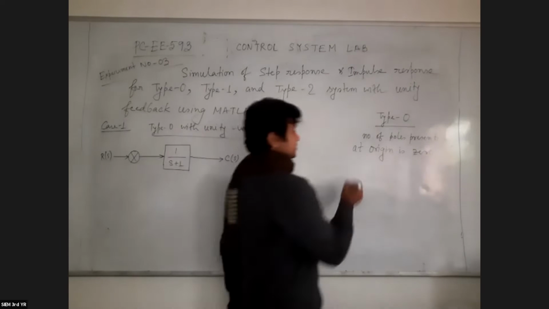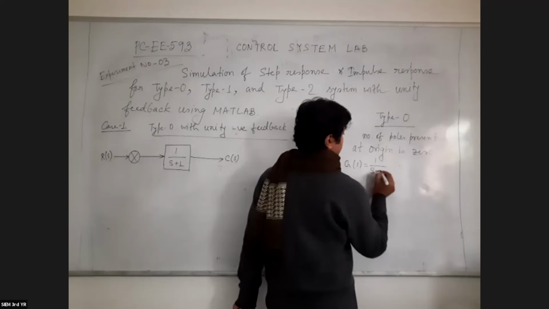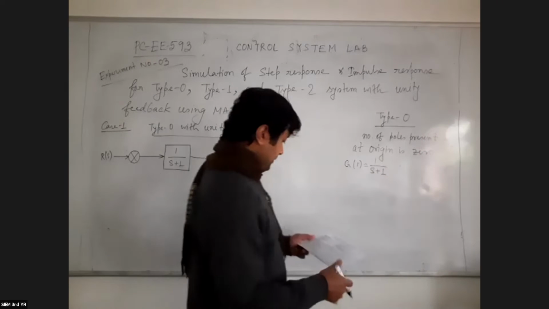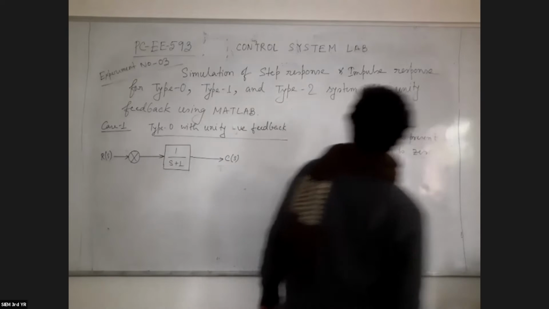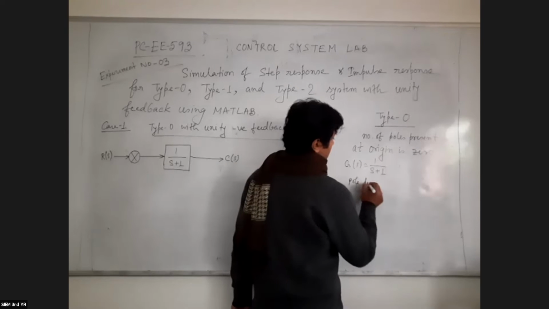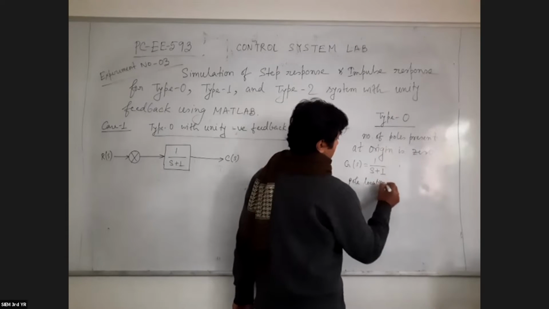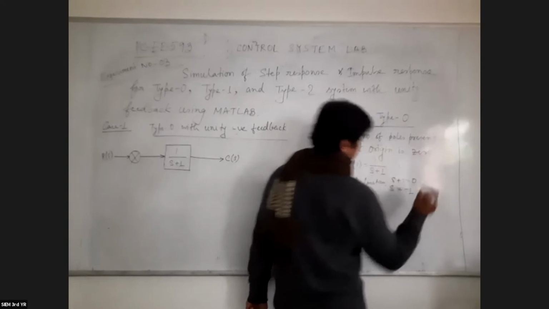Why is it a type 0 system? Taking G(s) as 1 by s plus 1, the pole location is at s equals -1.